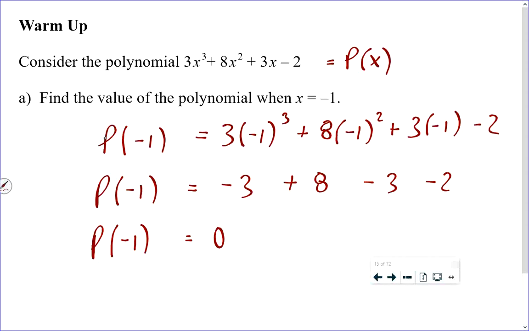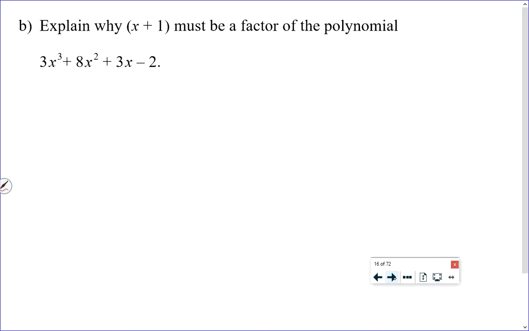Just think about this for a second, that if this is p of a, that means we can think of this as being dividing by x plus 1. We get a remainder of nothing. We don't have a remainder when we do this division. Even though there's no division happening, I'm saying if we did divide by x plus 1, and I said, what's the remainder? You do this and you go 0. Right? Now, why is that significant? Well, it tells us that x plus 1 has to be a factor.